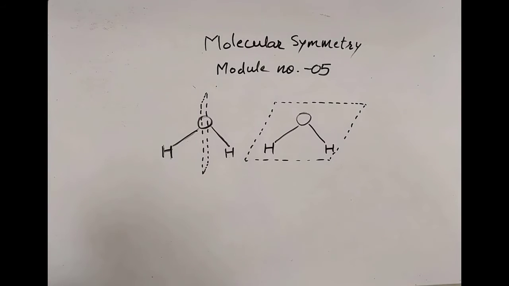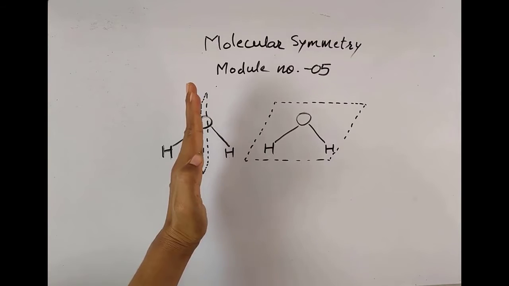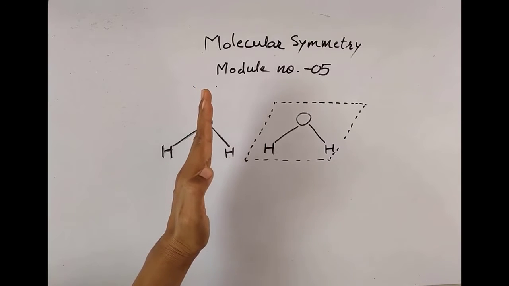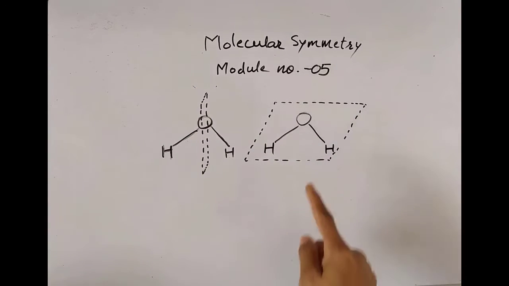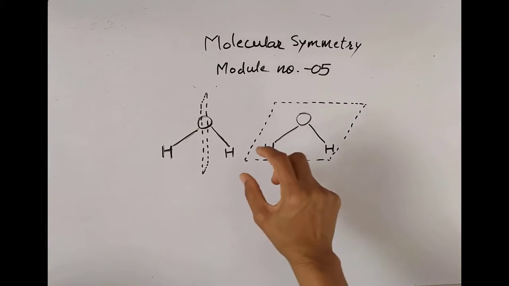I have drawn two images for the two planes that we can pass through a water molecule. This is the first way by which we can pass the plane through the water molecule and cut the H2O into equal halves. In another way, these are the three atoms. As I have already told you, atoms are spherical in shape.